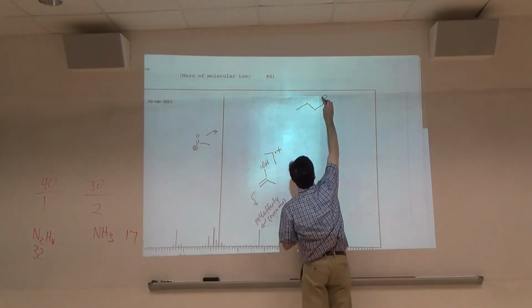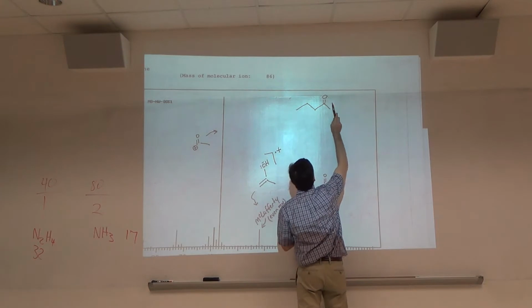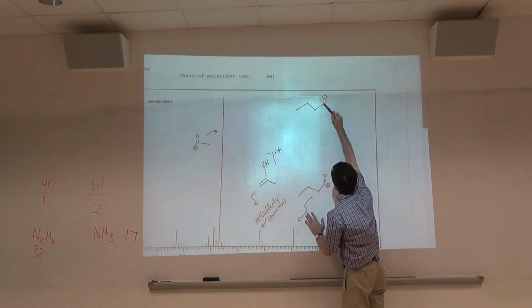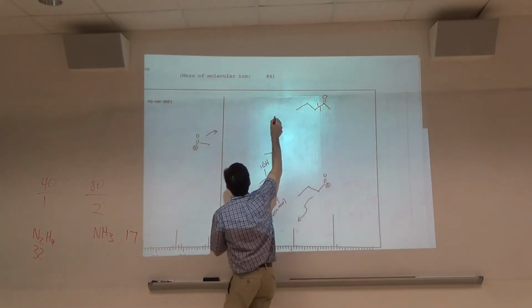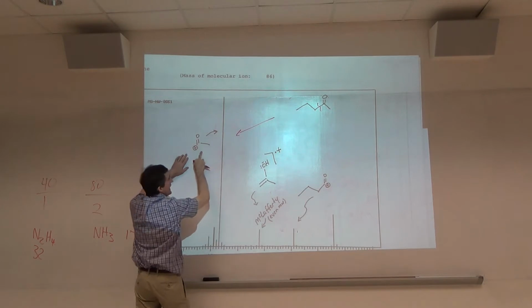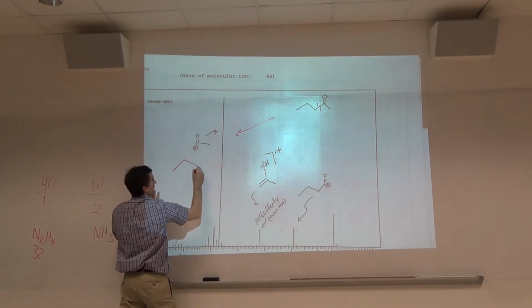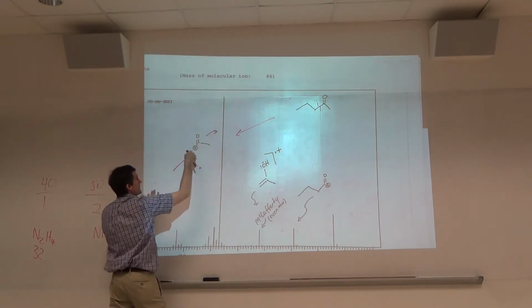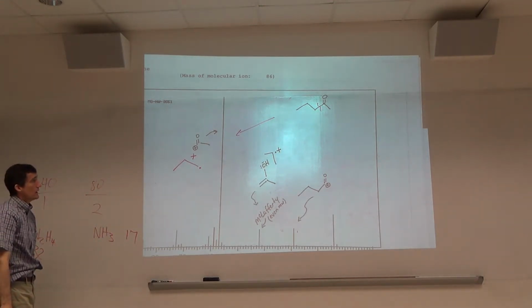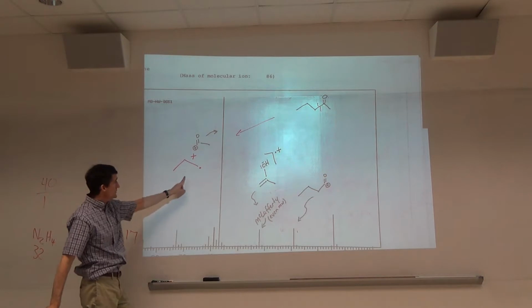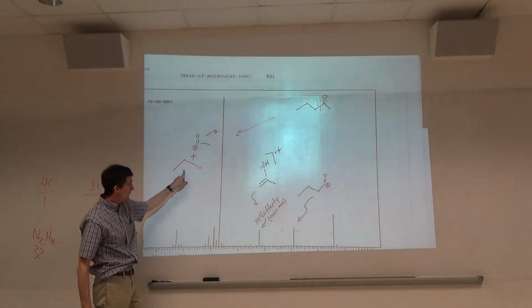So the lone pairs are there. Where's the atom next to the lone pair? There. We want to put cation there. If we cleave here, we get that plus the propyl radical. So we lost 45?